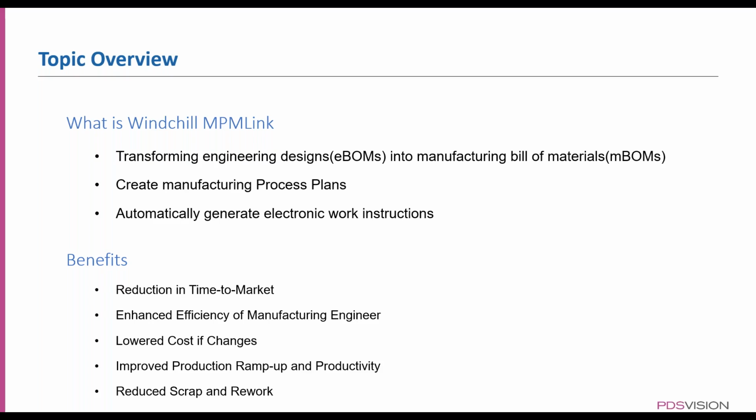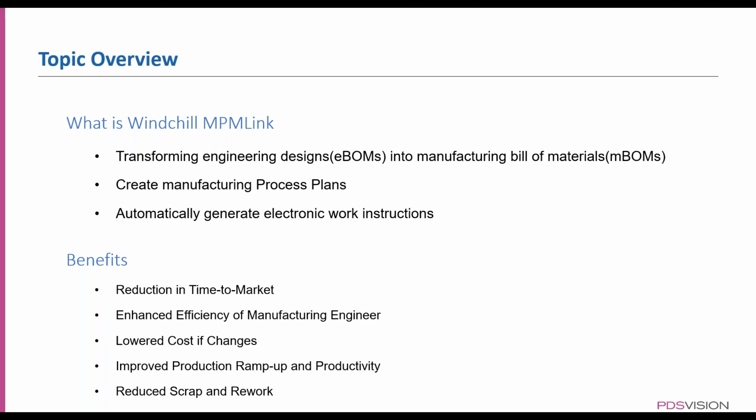Obviously, the benefit of managing your process information in the same system where engineering information is managed is that it will reduce time to market, in the sense that the manufacturing team does not have to wait for engineering to release that data before they can start with the manufacturing processes.